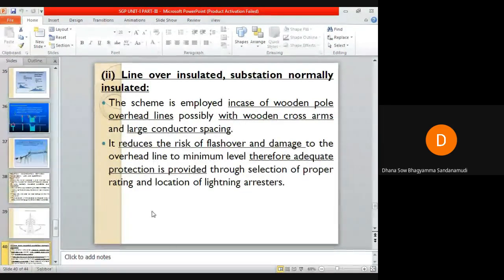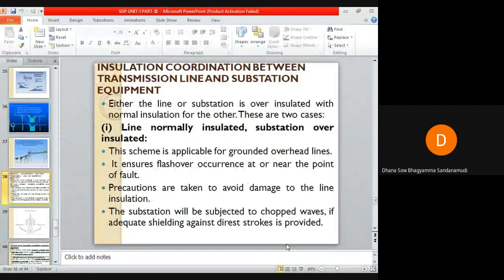Okay. So insulation coordination between transmission line and substation equipment. We can coordinate the insulation of the transmission line with the substation equipment in two ways. Either the line is over insulated or the substation is over insulated.